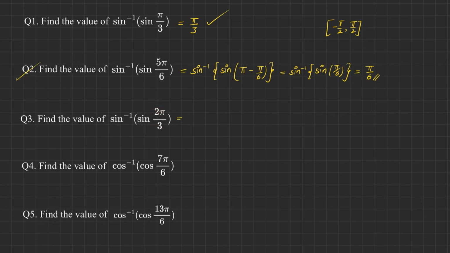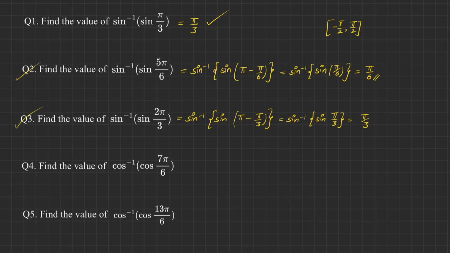So here we can write this as sine inverse of sine pi minus pi by 3, because pi minus pi by 3 is 2 pi by 3 only, and since it is in the second quadrant, it will be sine inverse sine pi by 3, because sine pi minus theta is sine theta. So this will be equal to pi by 3, because pi by 3 lies in its principal range. So question number 3 done.